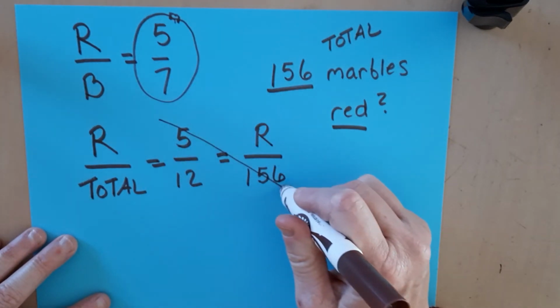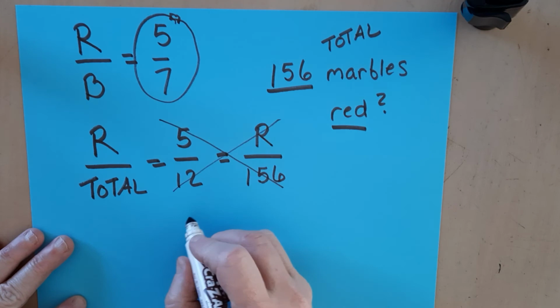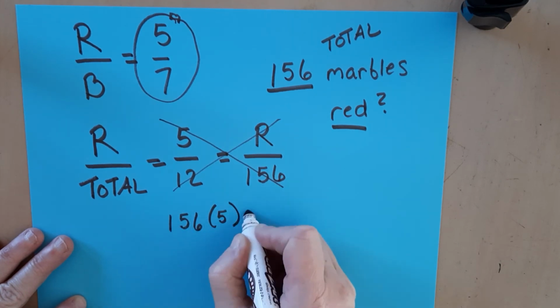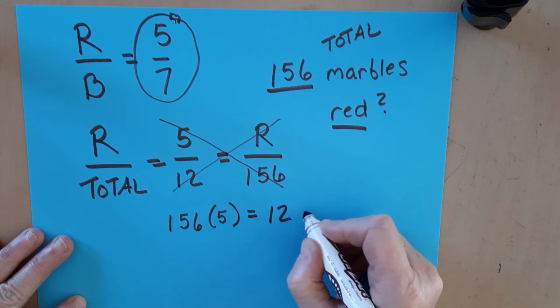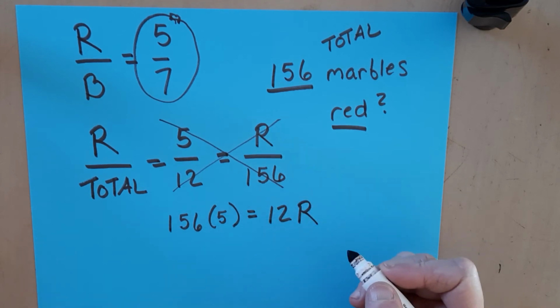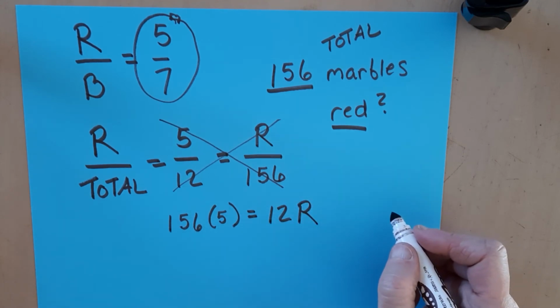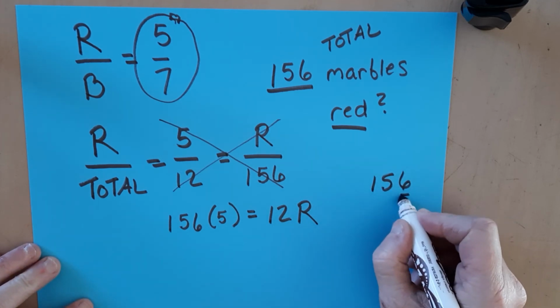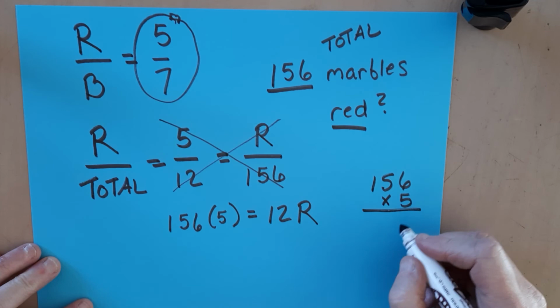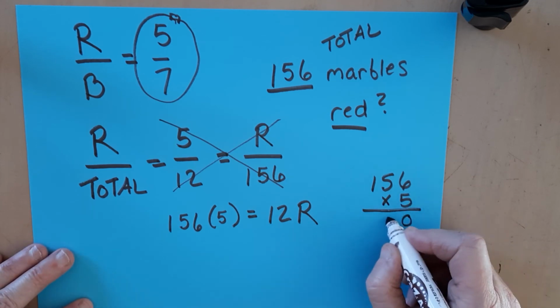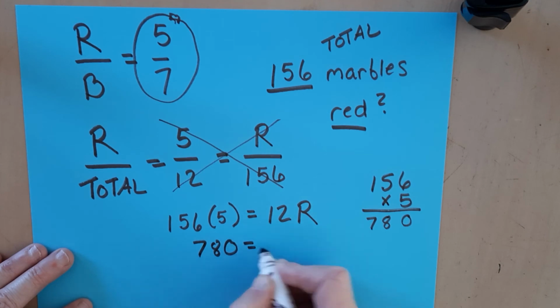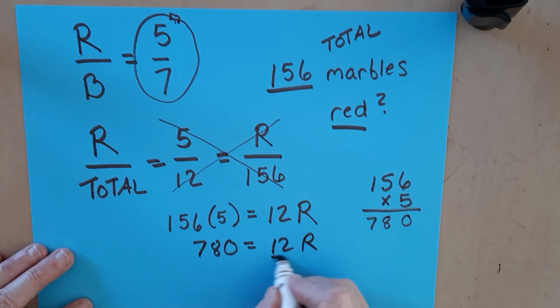So we go ahead and cross multiply again. We would get 156 times 5, set equal to 12R. When you multiply 156 times 5, I don't mind if you do it on the calculator, or you can just do it off to the side. We would get 780 equal to 12R.